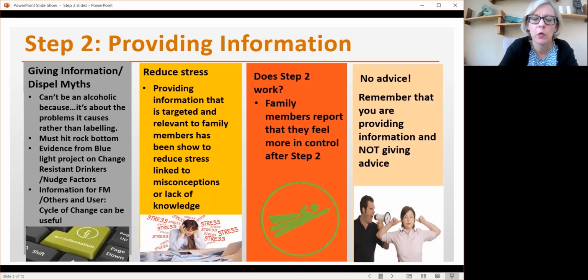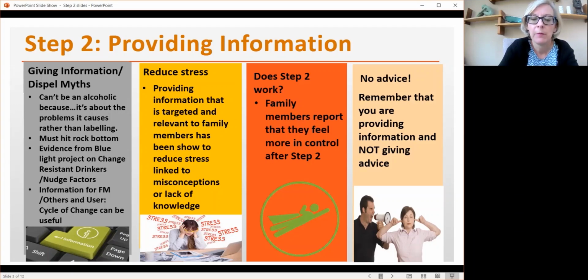Simply feeling informed, even if nothing else about the situation changes, makes people less stressed. And I'd say the results from our family member questionnaire really do back this up from decades of research. And family members do report that they feel more in control of the situation after step 2.